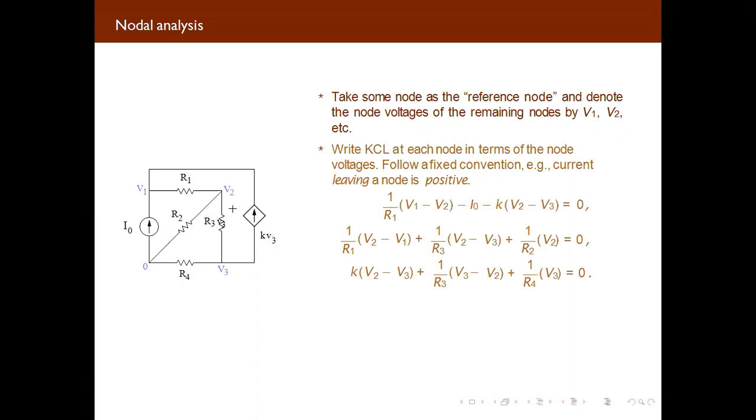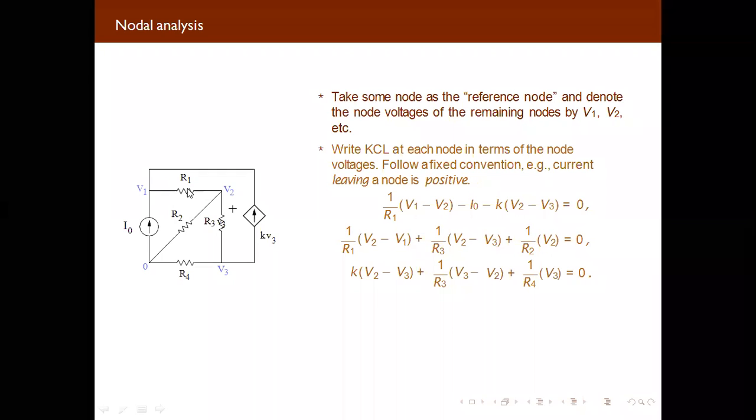So we are supposed to apply KCL in terms of the node voltage. We need to find the value of current for this resistor.